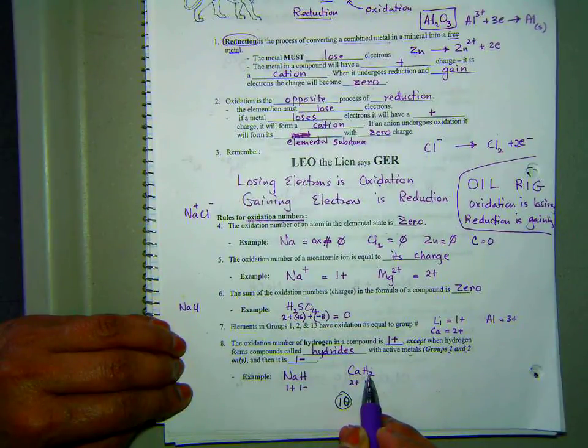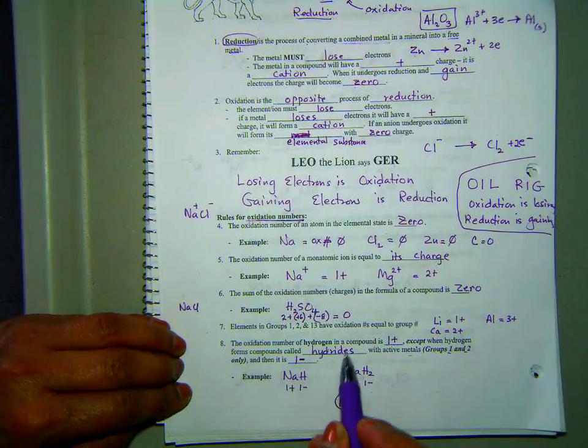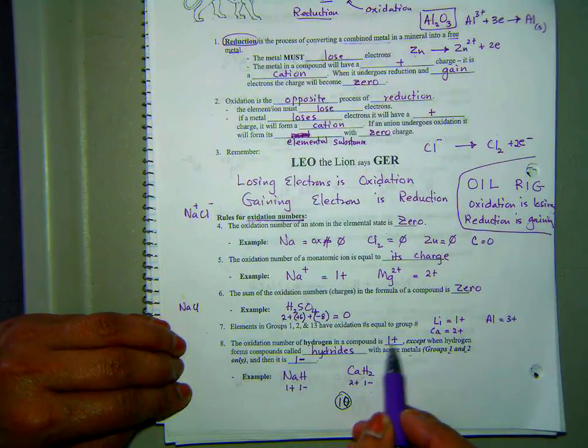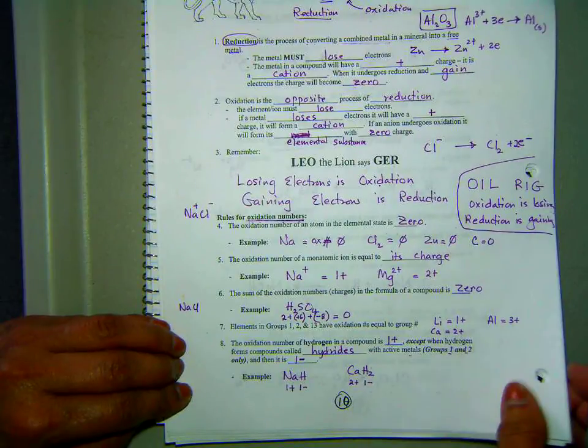Then the metal gets the positive charge, so hydrogen will end up getting 1 negative charge. This is the only time hydrogen gets 1 negative charge, in a hydride. Otherwise, if you see hydrogen in a compound, you can assign 1+ as the oxidation number for hydrogen. And oxygen always gets 2 negative charge here.